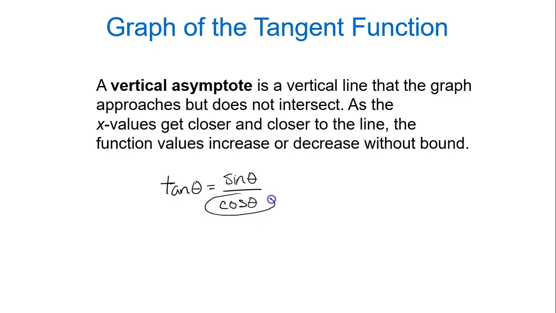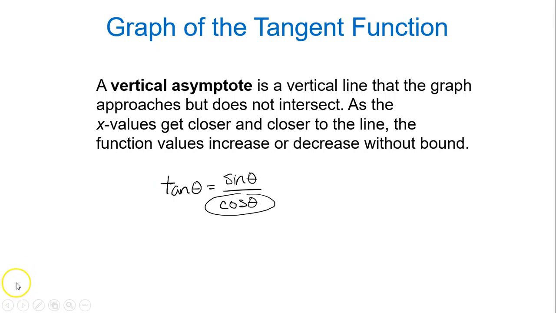If the cosine value is 0, then we are going to have a vertical asymptote at that certain value. So we are going to have vertical asymptotes to graph in both the tangent and cotangent functions.